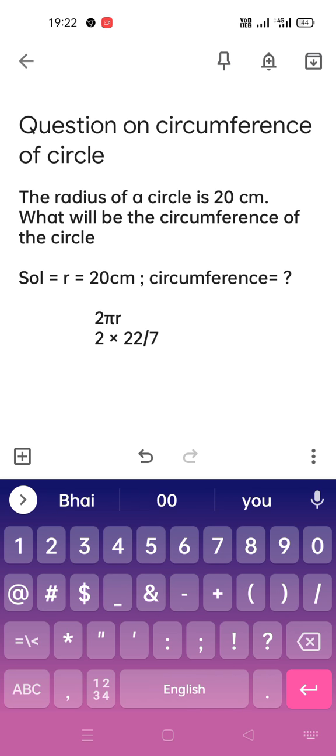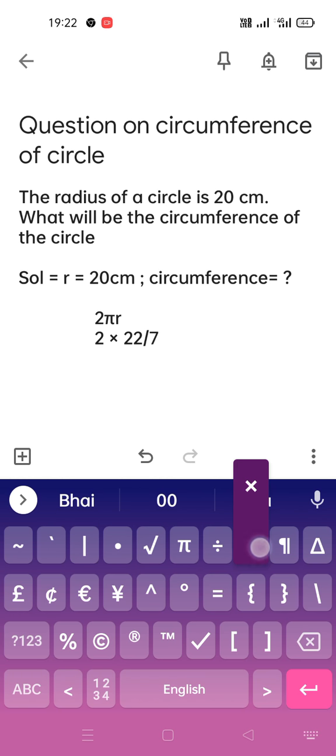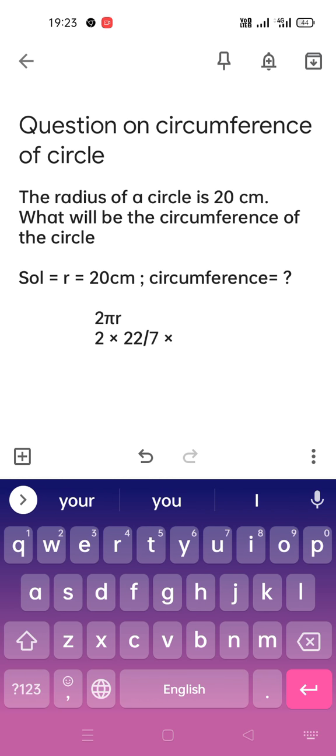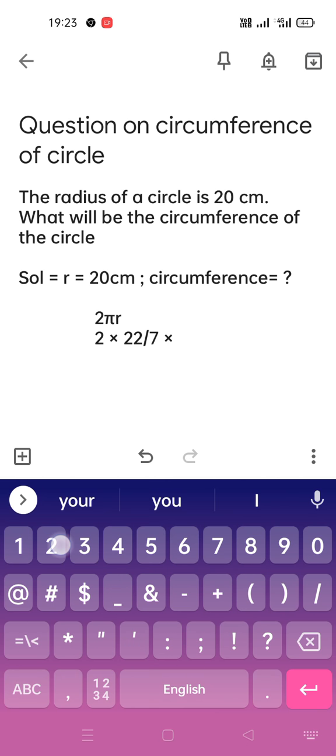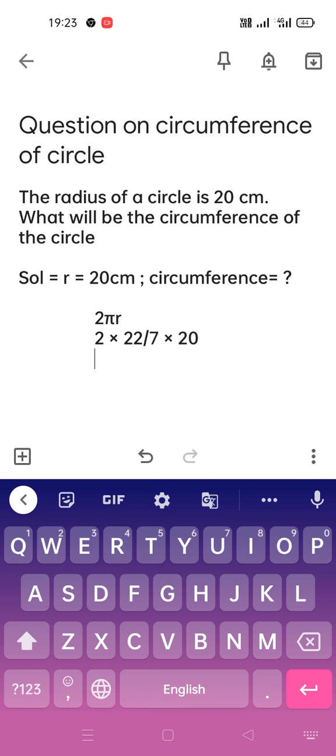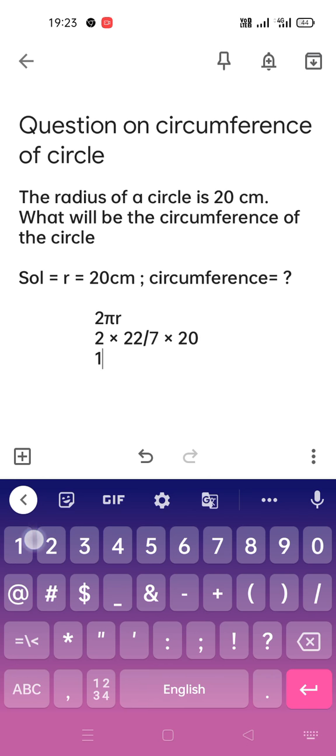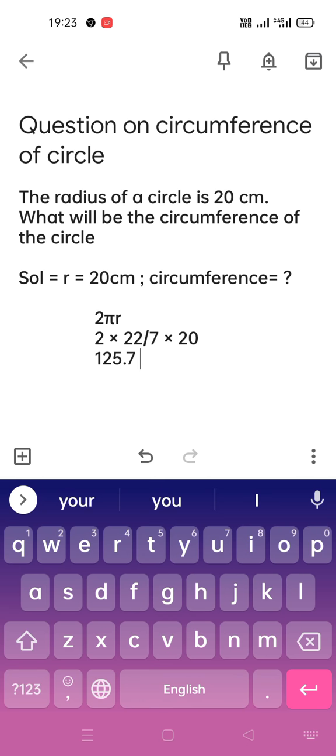Again multiply r. What will be the r then? The radius of the circle is 20. Okay, if we solve it, it will be 125.7 centimeters.